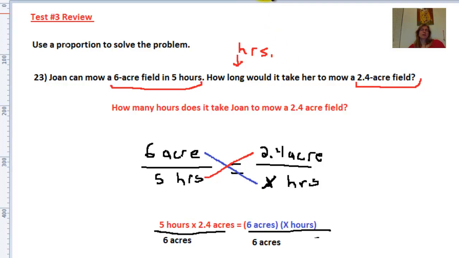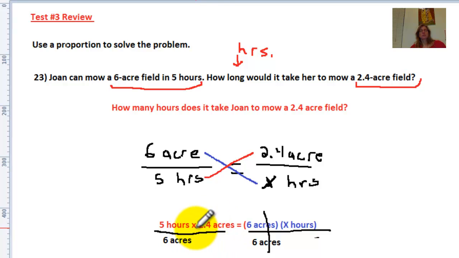And what that does for us is when you divide 6 acres by 6 acres, you get 1. So we can cross that out right there, and we'll have 1 times the X. And 1 times X is simply X. So now X equals 5 hours times 2.4 acres over 6 acres.